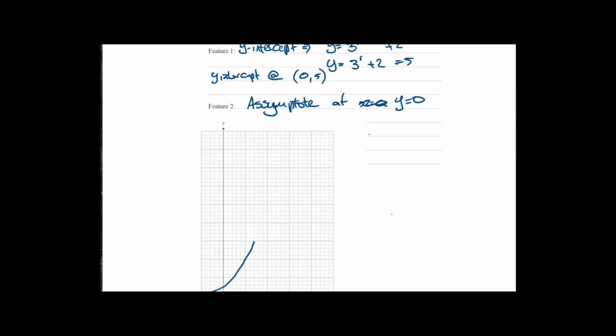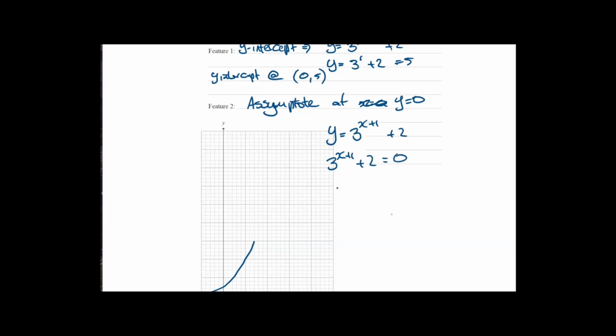Okay, so let's kind of prove that. So we know that y is going to be equal to 3^(x+1) plus 2. So if we tried to find the x-intercept, we would set y equal to 0. So 3^(x+1) plus 2 equals 0.